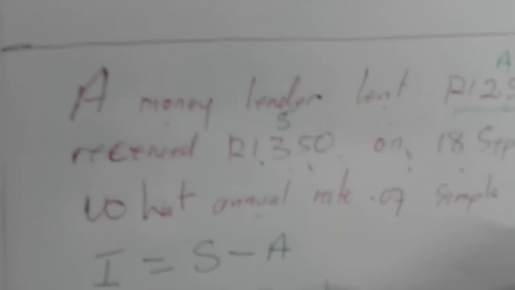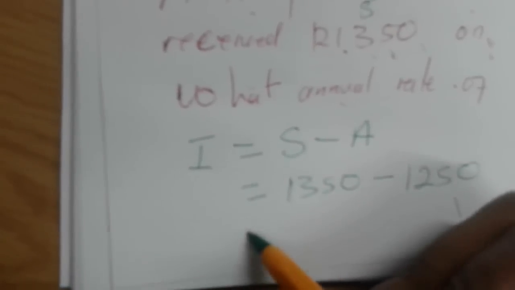So my S is 1,350, my A is 1,250. Now, if I subtract the two, what do I get? 1,350 minus 1,250, I think I get 100 rands, right?